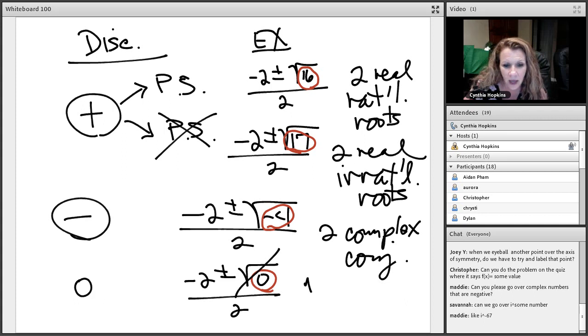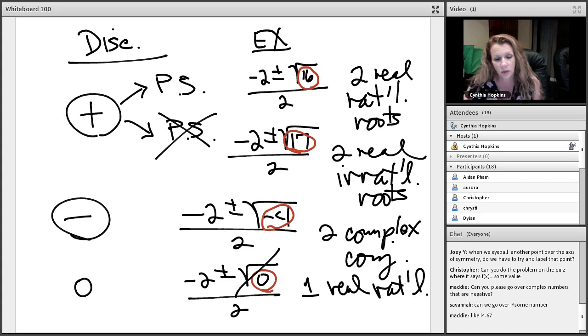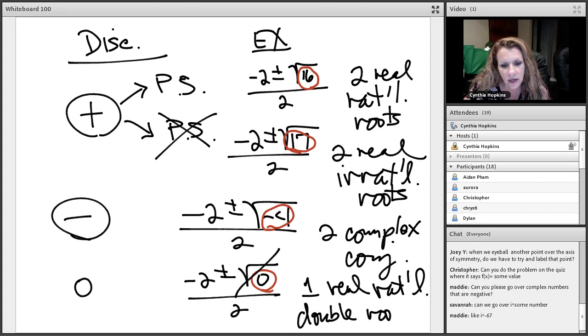I usually say, and some of your teachers may say it differently, 1 real rational double root, and of course it's rational because there is no square root left. Now do not misinterpret that number 1. It doesn't mean this one all of a sudden only has 1 answer. No, these are all quadratic equations, so of course they have 2 answers.